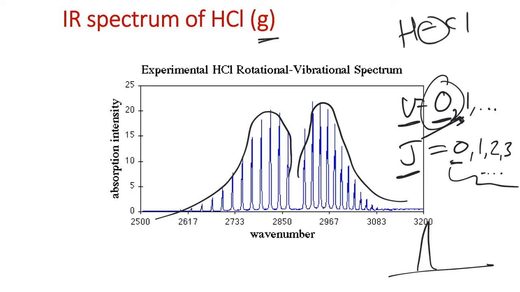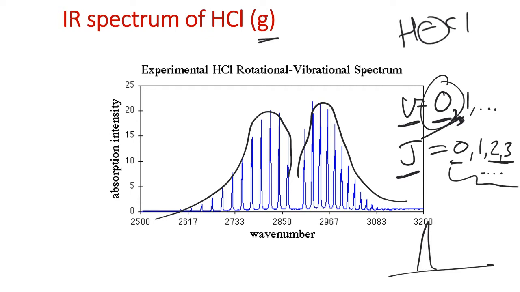And so then another thing you might see here is, if we imagine J equals 0, 1, 2, 3, something interesting happens that we'll take a look at a little bit later today within the first day of experiment 4. But one of the things we'll get a sense of is that it's probably around J of 2 to 3 for something like HCl that's actually most occupied by a sample at room temperature.